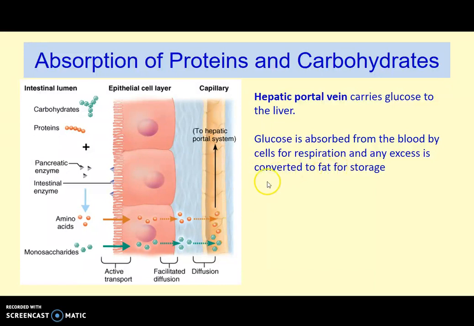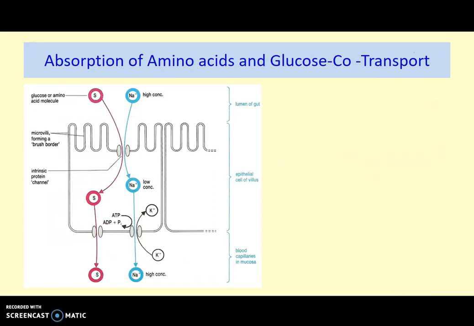Excess glucose will be converted to fat. So at this point, I would urge you to pause the video and in your booklets have a go at writing out what is happening in terms of absorption of amino acids and glucose co-transport. You've done this in the transport across membranes module, so this will be like a revision activity.